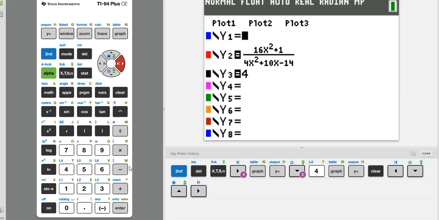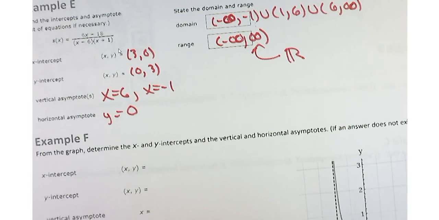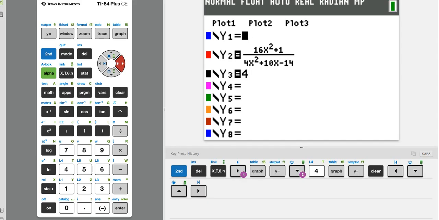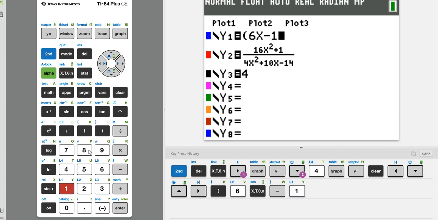Going back here, before I get onto the notation, let's discuss how to put this into your calculator, because unless you're careful, you're going to put it in the wrong way. You've got to put parentheses around the numerator, 6x minus 18, divided by, and now in the denominator, you need 2 sets of parentheses.